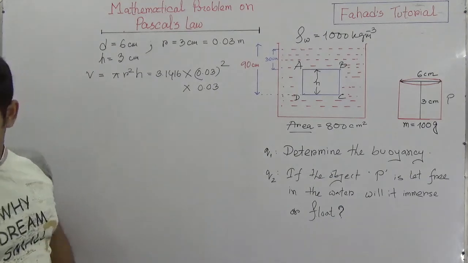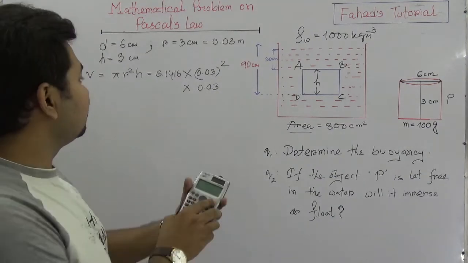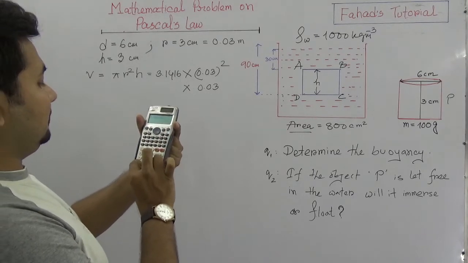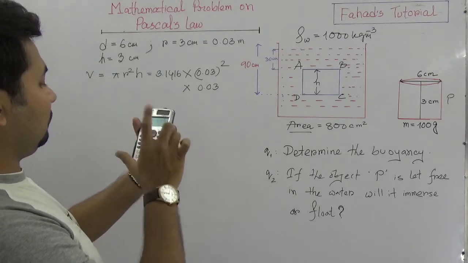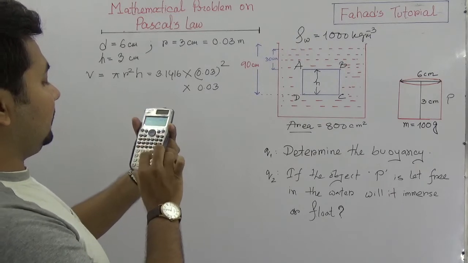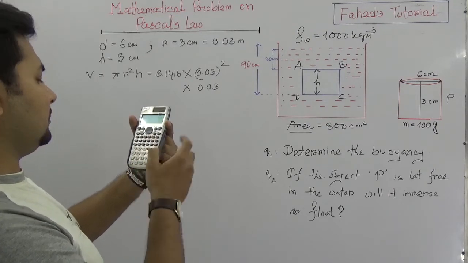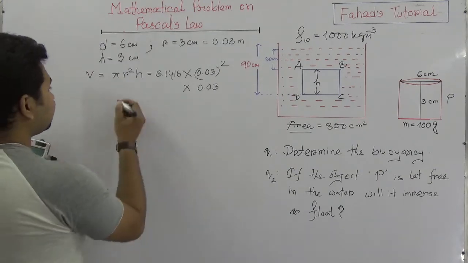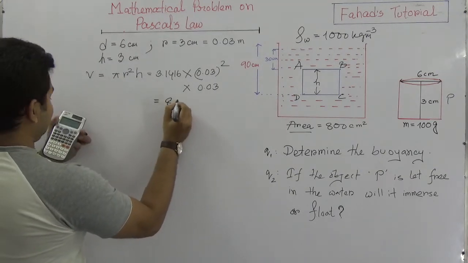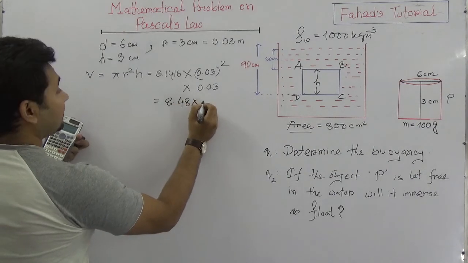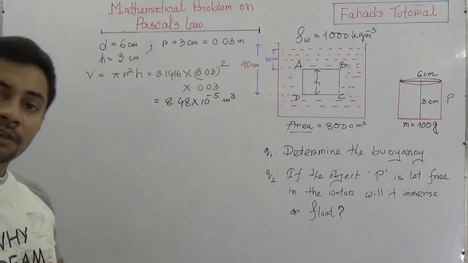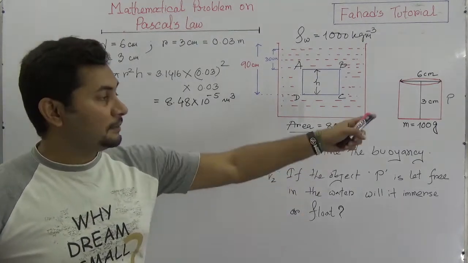So okay, then we need a calculator, and we see that 3.1416 times 0.03 square times 0.03, altogether cube, would be 8.48. So that is 8.48 times 10 to the power minus 5 meter cube. So you got the volume of the object.